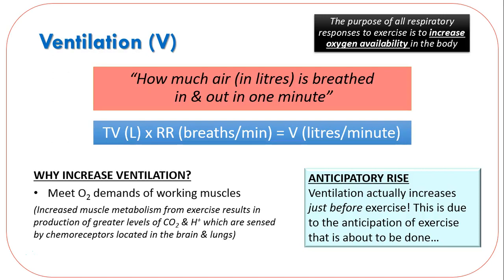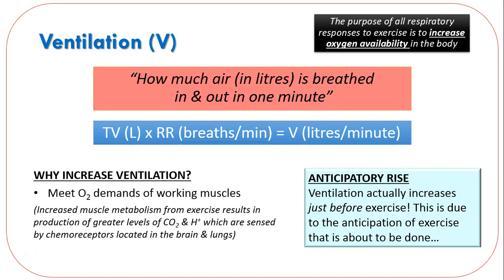It's important to understand these formulas so you won't have to do calculations, but you should be able to recognize that if we need to increase our ventilation rate, we need to either increase our tidal volume, our respiratory rate, or both of those things to get the resultant increase in our ventilation rate.